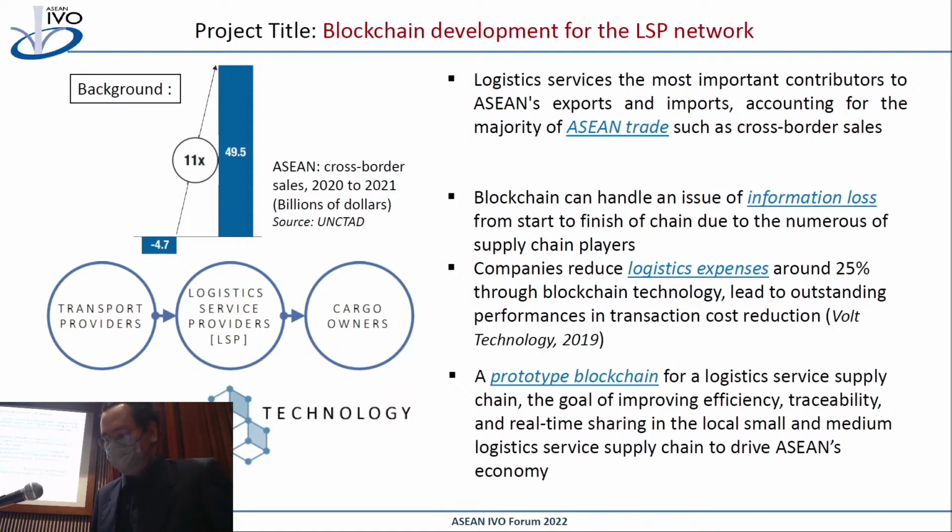However, blockchain technology is still prohibitively expensive for small businesses. In this project, we will look at blockchain as a building block to create a prototype blockchain for the logistics service supply chain, with the goal of improving efficiency, traceability, and real-time sharing in the logistics service industry, pertaining to the local small and medium logistics service supply chain to drive the ASEAN economy.